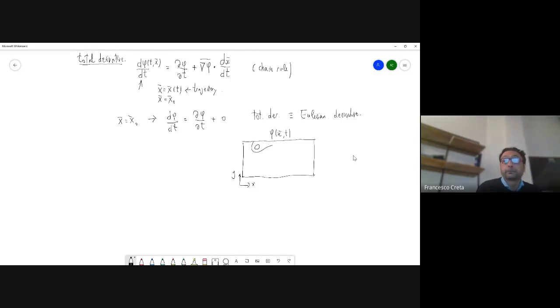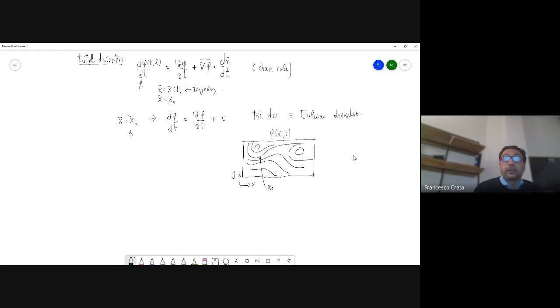So you can have isolines. You can have, I don't know, a peak here. So what I'm drawing here is just isolines of phi. So every line is a value of phi. Okay. Now, consider, for example, here, the point x0 that we used before over here. Okay.